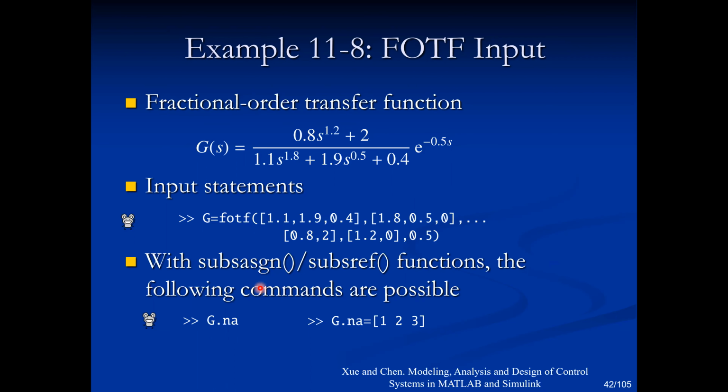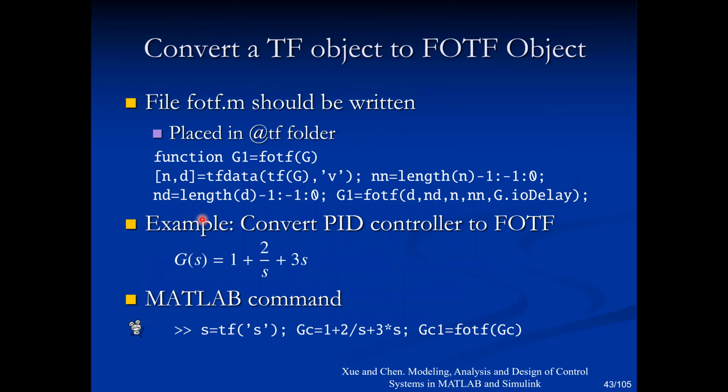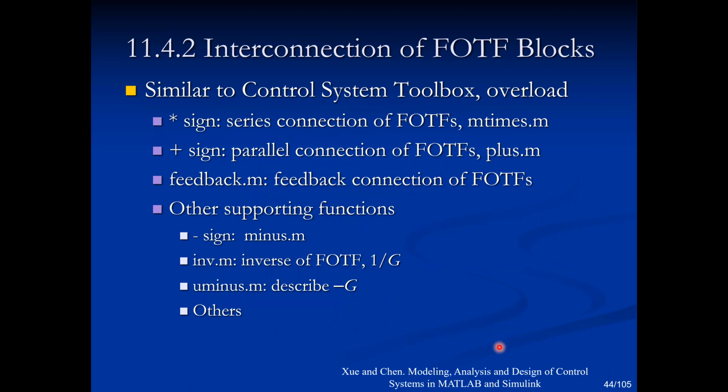Then you can overload the operators and enjoy it. So you generate something called G, an LTI object. With this, it is as if you have the integer order system. So you can do everything you want. It's very similar to the Control System Toolbox, as if you use the TF command.